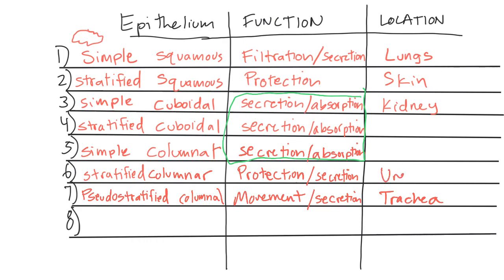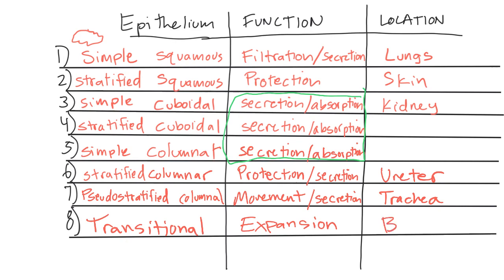Okay, this one is ureter. This one is, not that's it. We'll go back. Okay, last one. Is transitional, and again, it kind of breaks from our shape and arrangement. And it is in areas where you want it to stretch, so its function is for expansion.